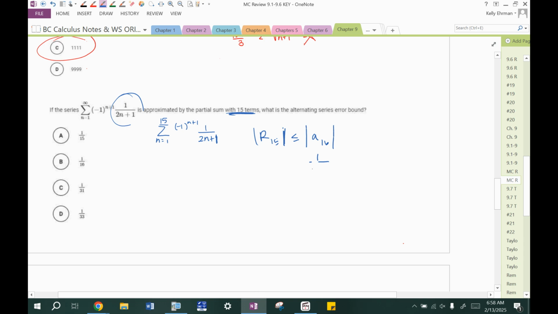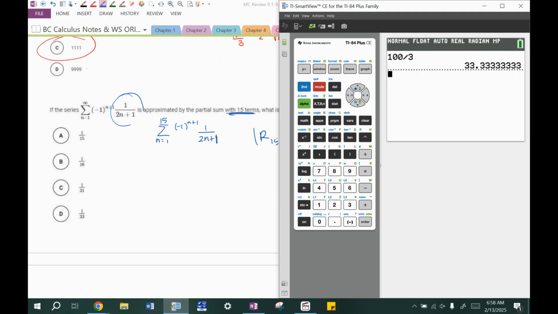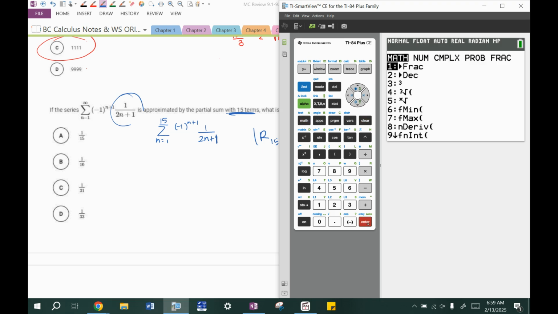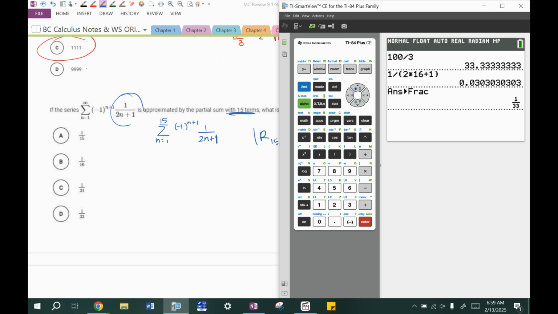So 1 over 2 times 16 plus 1. As a fraction, 1 over 33.